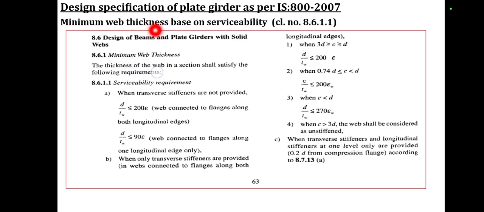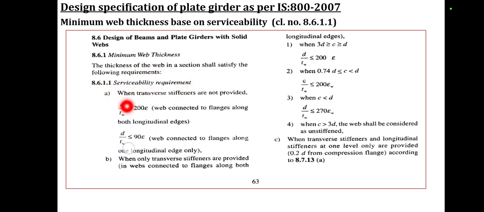Then the design specification for plate girder for the serviceability criteria, that is the minimum web thickness using serviceability, clause number 8.6.1.1. In the design of plate girder beams with solid web, clause 8.6.1, the thickness of the web in a section shall satisfy the following requirement, given by clause 8.6.1.1, serviceability requirement.